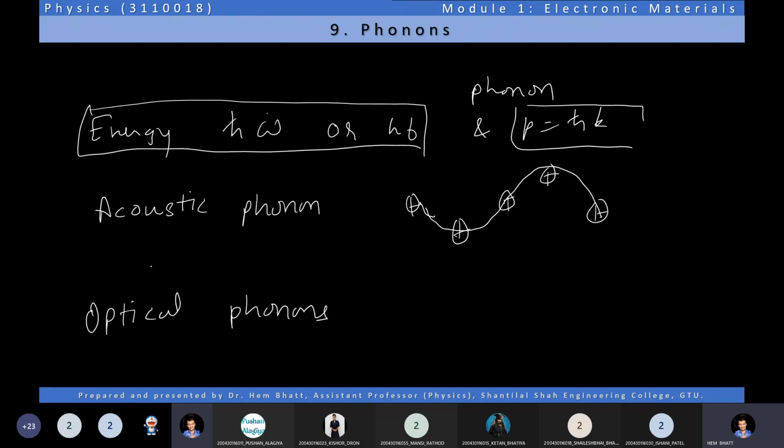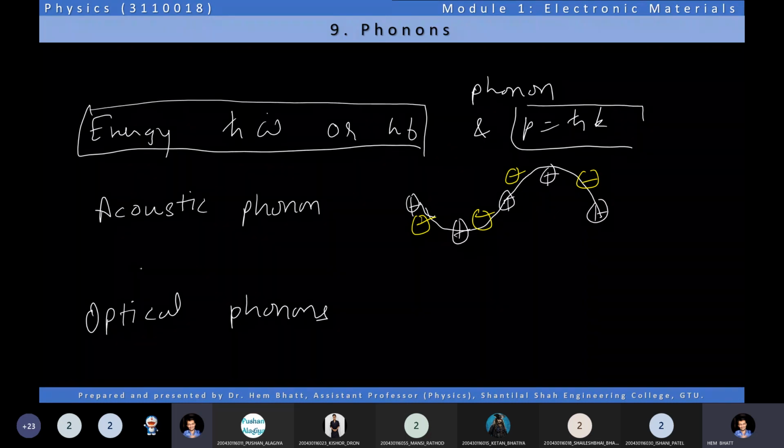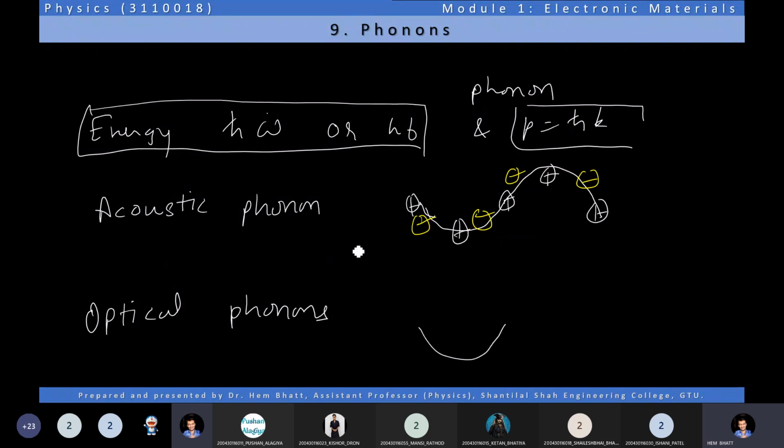They will go up and down together. So if you have this type of situation prevailing where negative positive ions are going up and down together, then it is called acoustic phonon. But if somewhere you see that this is how positive ions are oscillating and negative ions are oscillating in opposite manner.